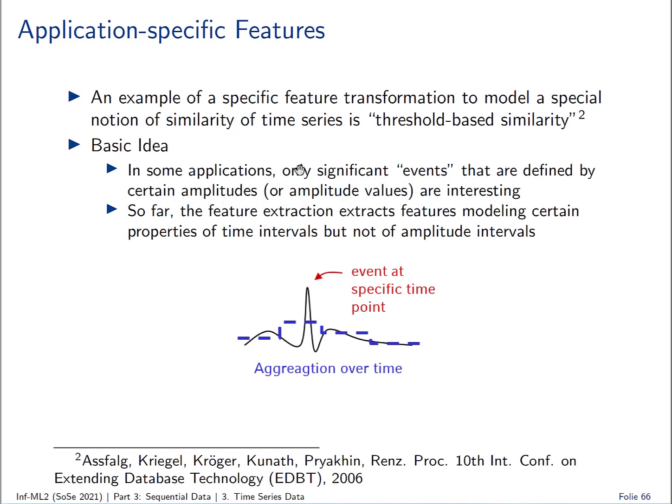So the basic idea is in some applications only significant events, significant shapes, whatever, defined by certain amplitudes, are interesting. So far feature extraction only models certain properties of time intervals, but not of amplitude intervals. So that was the basic idea of this approach here, which we published in the early years.